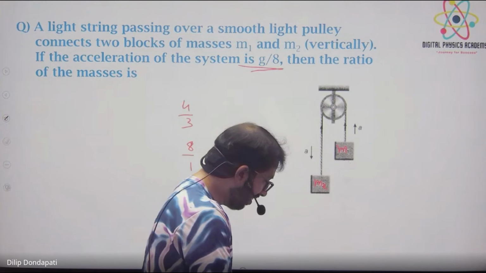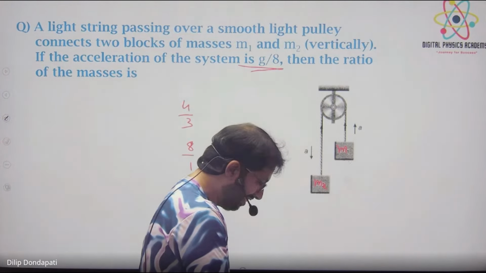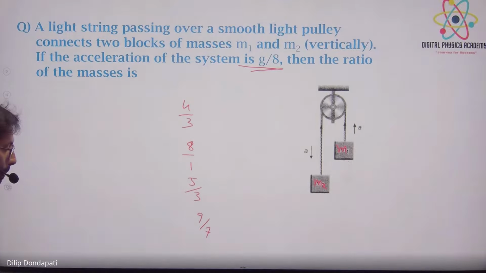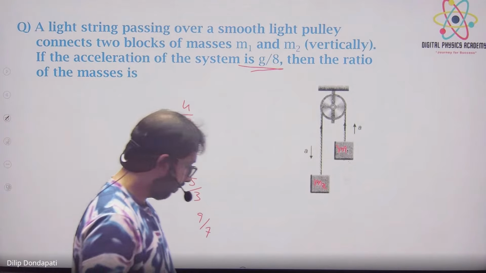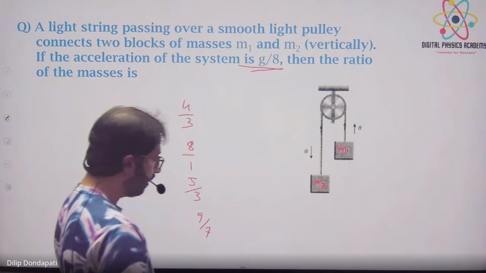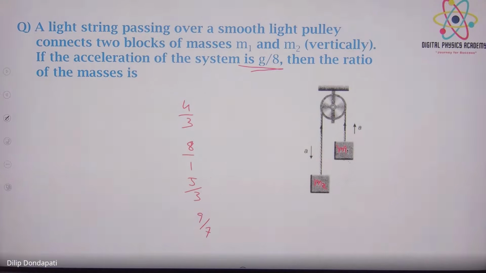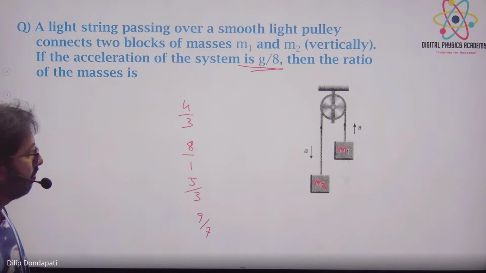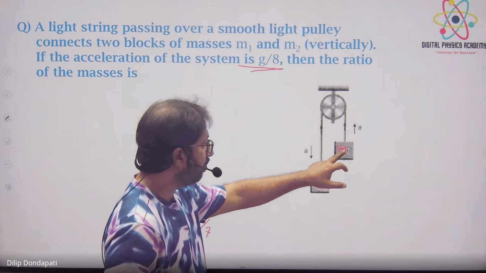Sir, what are we supposed to find? The question is not visible. Okay, m1 is to m2. Sir, down mass is M1. This is m2, this is m1.